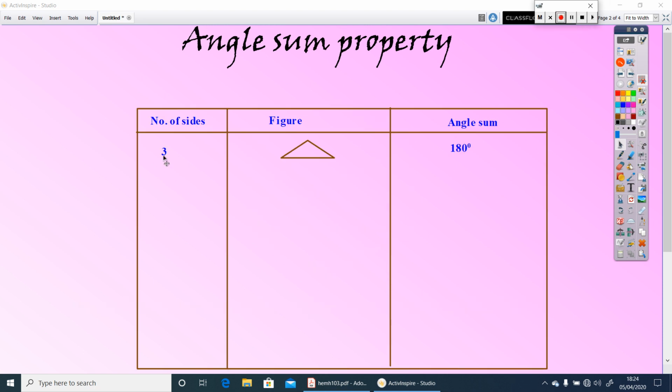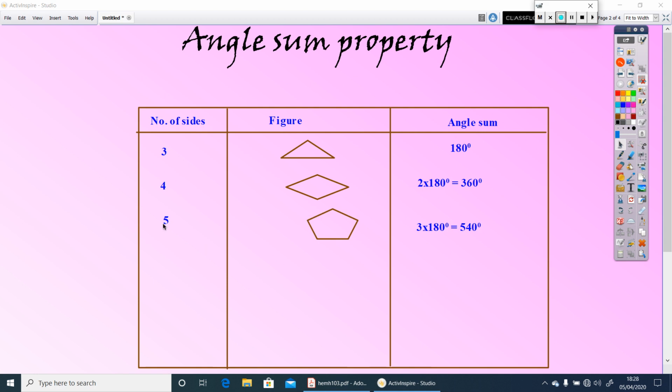Let us check it. If the number of sides is 3, the figure is a triangle and its angle sum is 180 degree. Now let us see, when the number of sides is 4, the figure is a quadrilateral and the sum of the angles we can find out as 2 into 180 degree, that is 360 degree. Now let us find out for a number of sides 5.